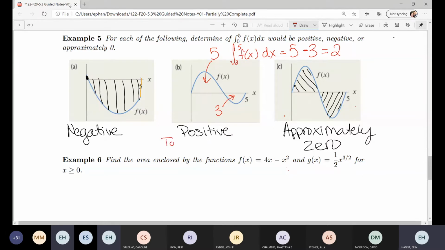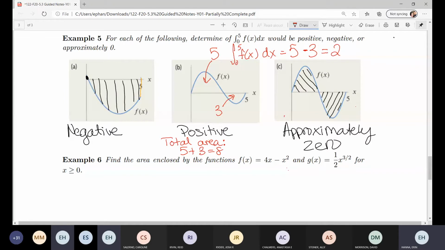If I asked you in that same type of idea for the total area, that would be 5 plus 3, because that's the difference: if you're asked to find a general integral, you treat any area below the x-axis as negative. But in this new stuff that we've been doing in the long process that we just did for the last two, that's when it's a total area question, and we're essentially forcing anything below the x-axis to be treated as positive. So that's the kind of difference between the two.